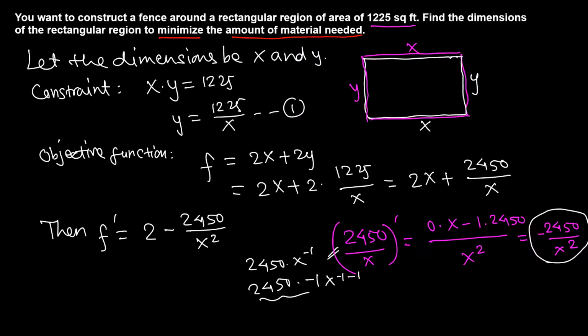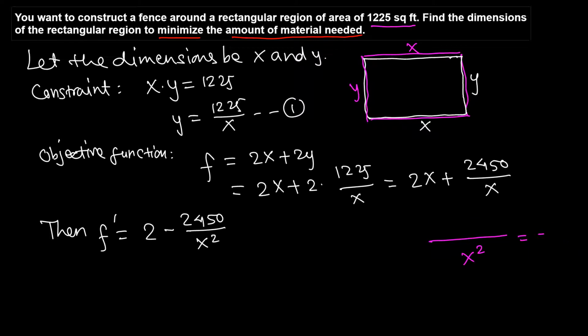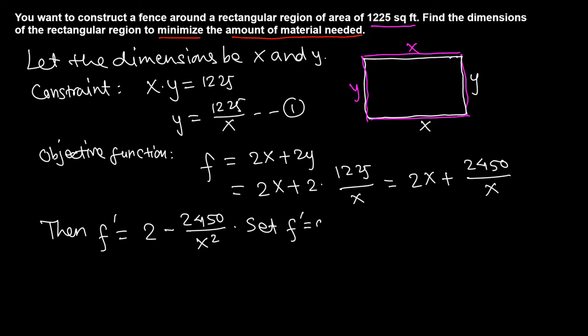Now we have the derivative of the objective function. The next step is to find the critical numbers. So we set the derivative to 0. That implies this quantity is 0. So 2 minus 2450 over x squared equals 0.